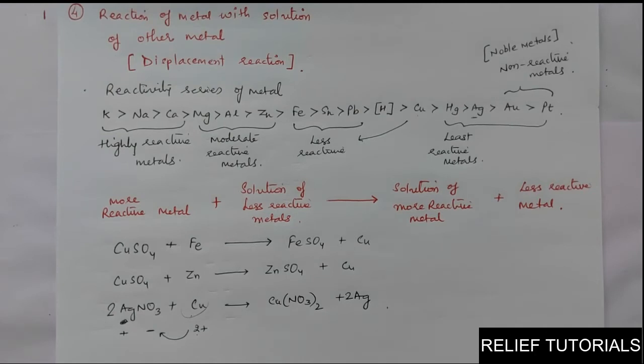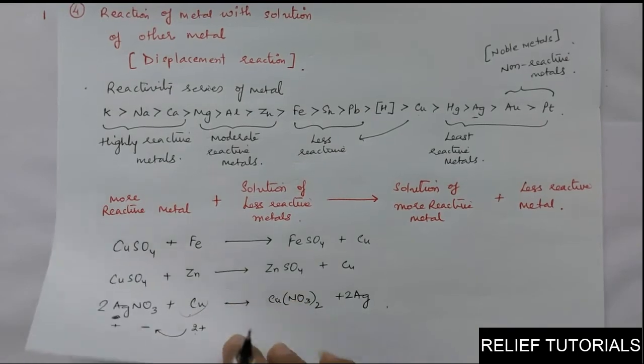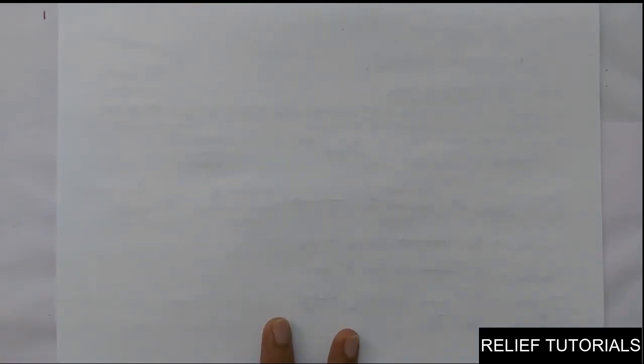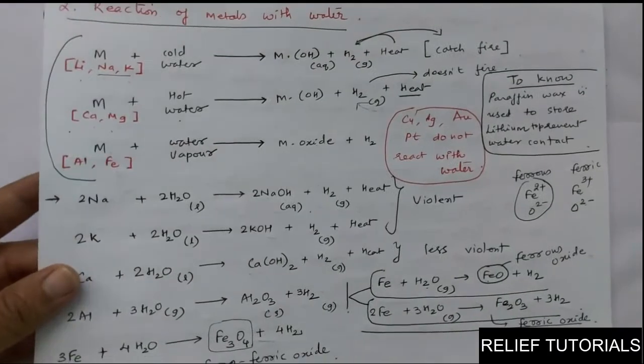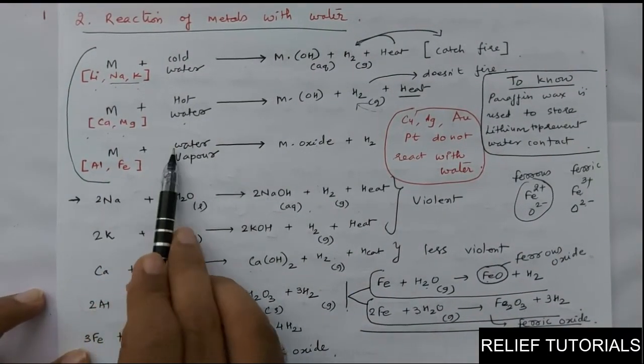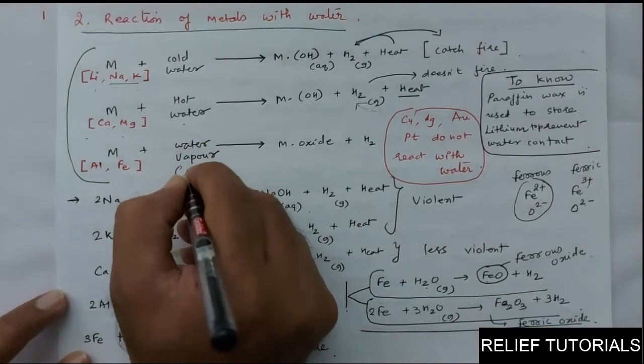Second question, write the equations for the reactions of iron with steam. We have seen already before this, in one of the lectures. Iron with steam, Fe reacts with water vapor. Water vapor means steam.